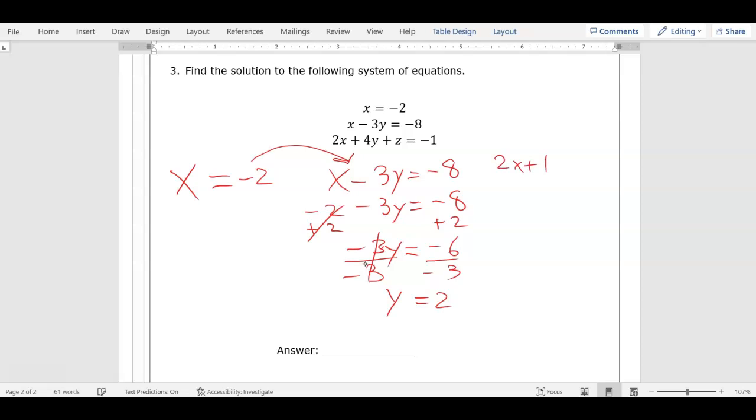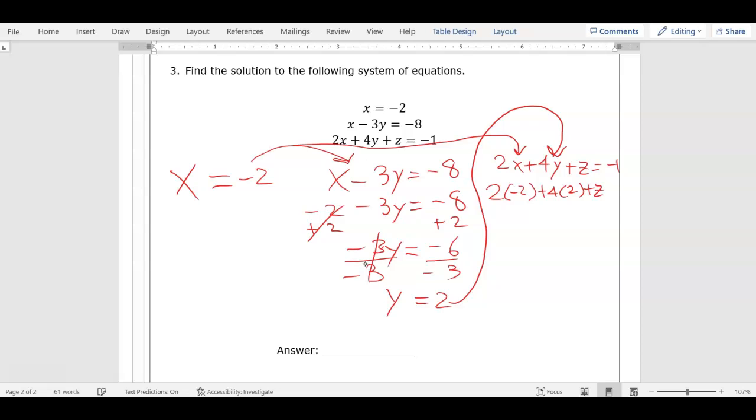And now my last equation. So the x can go there, and then the y can go right there. So 2 times negative 2 plus 4 times 2 plus z equals negative 1.